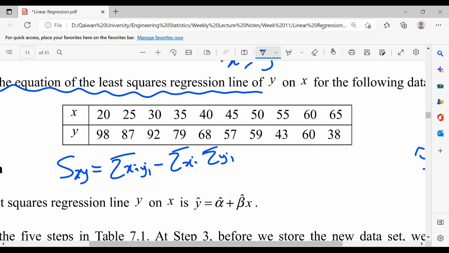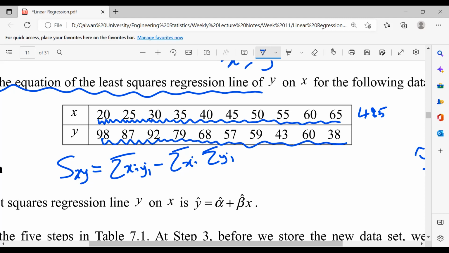We find these. First, the sum of xi, 20 plus 25 plus 30 plus 35 up to 65. This equals 85. 5 times 85 is 425. That's it.